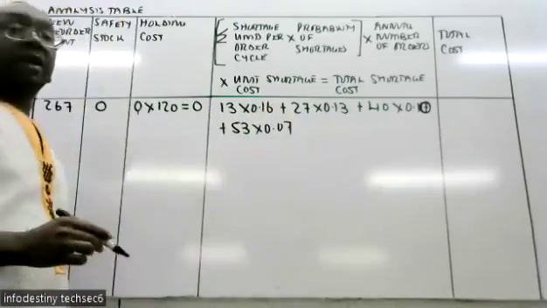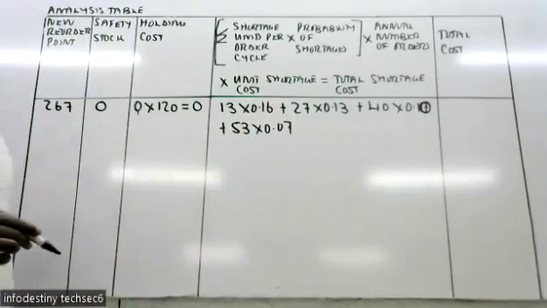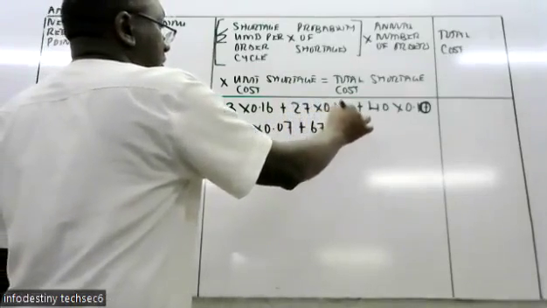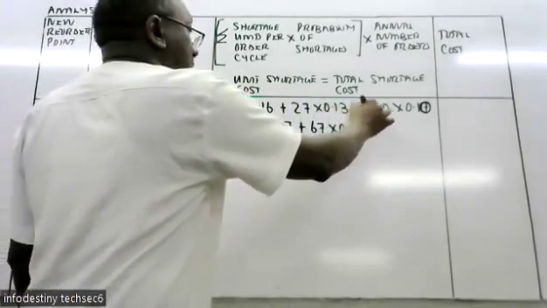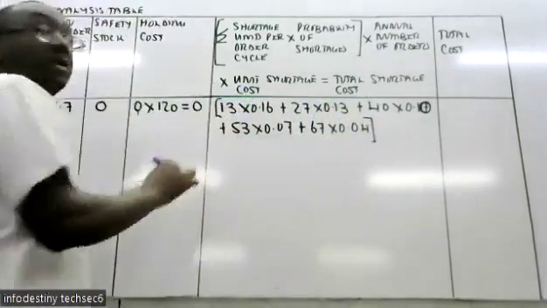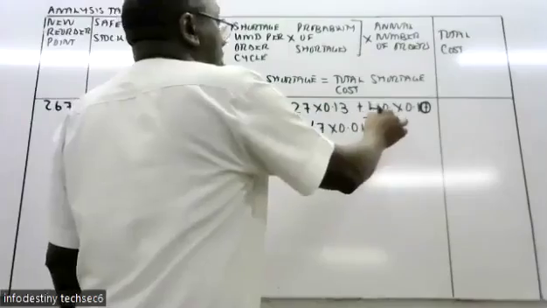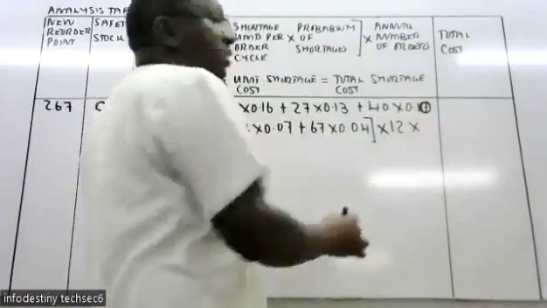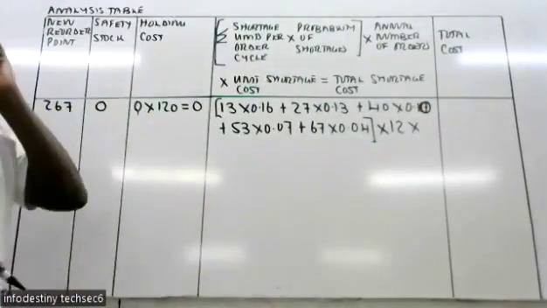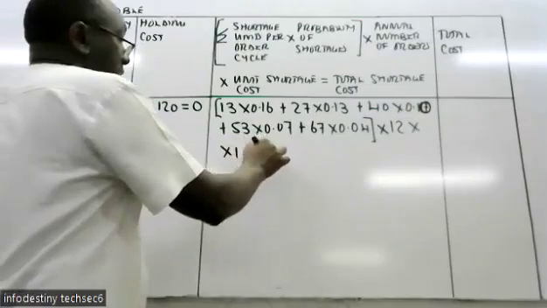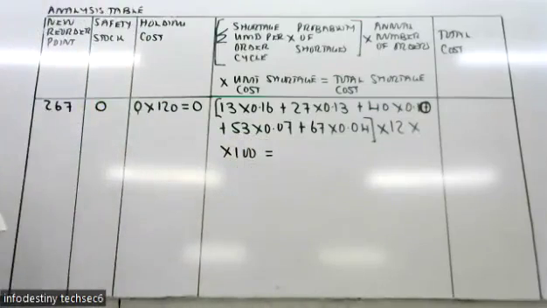There's another one that has a shortage of 67 with a probability of 0.04. That's all. So that is what we expect to suffer as shortages if we are holding 267. Then you multiply by the annual orders, which we found to be 12, and the unit shortage cost, which we found to be 100. So work that out and give me the answer.